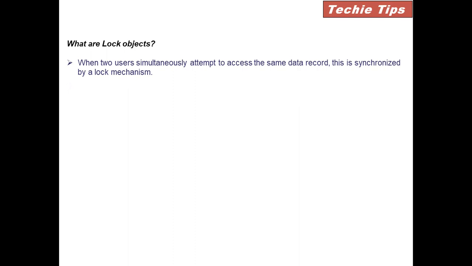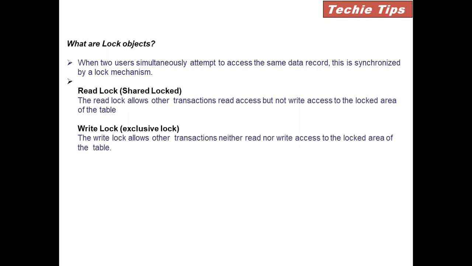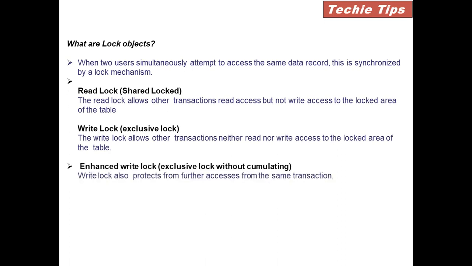Okay guys, coming on to the lock objects. What are lock objects? When two users simultaneously attempt to access the same data record, this is synchronized by a lock mechanism. Basically, we have different types of locks: read lock, write lock, enhanced write lock. Read lock is also referred to as a shared lock, where it allows other transactions read access but not write access to the locked area of a table.